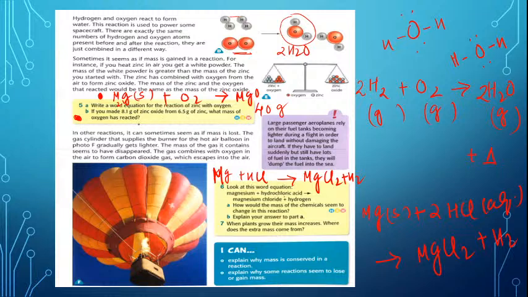Because oxygen from the air has combined, and then the new substance which is formed will have a greater mass, right? So we can see this white powder will have a greater mass. In some reactions, during combustion, when oxygen is added, obviously it is present in the air, so it is going to add. So I told you this law, whenever gaseous products are there, we have to be very careful while measuring, right?